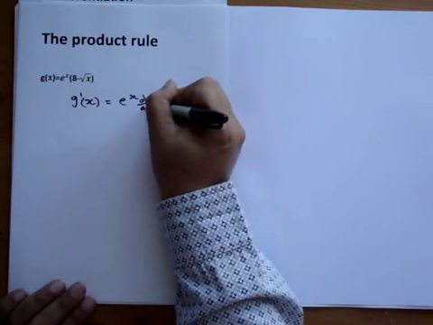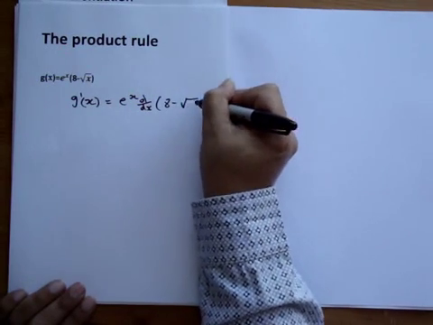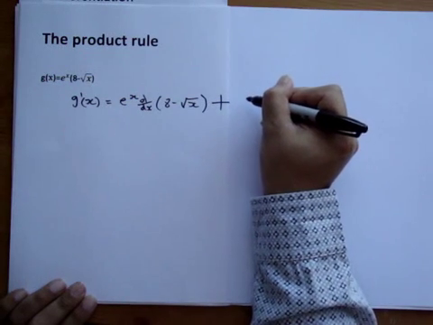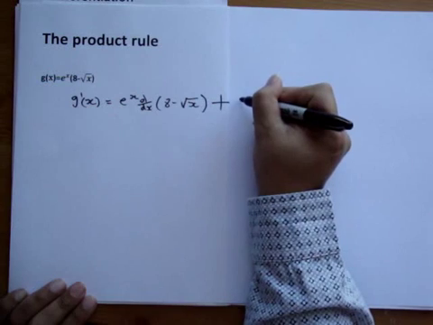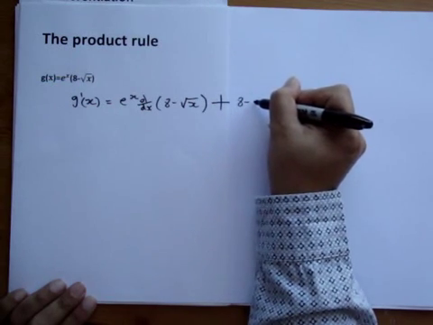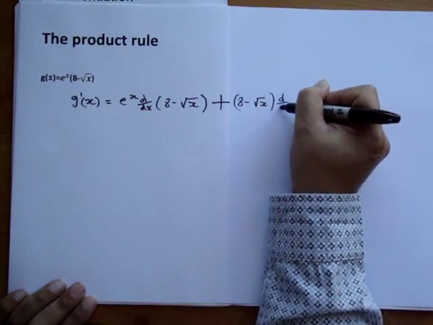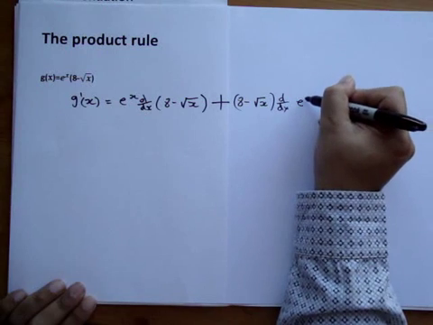Then we're going to get the derivative of the second term, which is 8 minus square root of x, plus the first term, leave that alone, use the second term, which is 8 minus square root of x, multiplied by the derivative of the first term, which was e to the x.